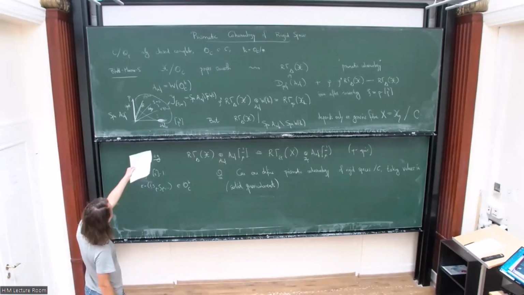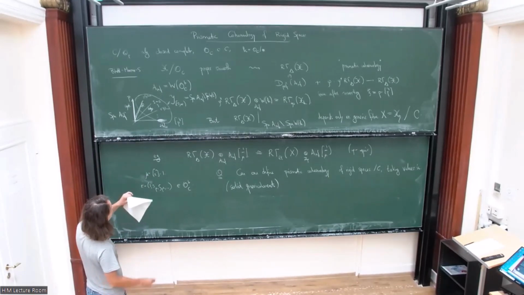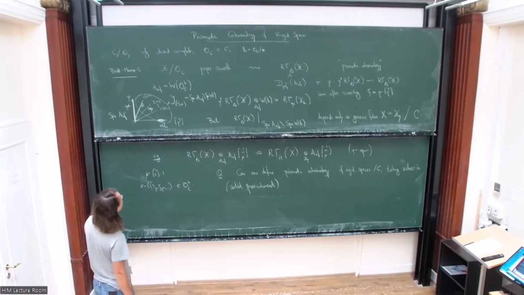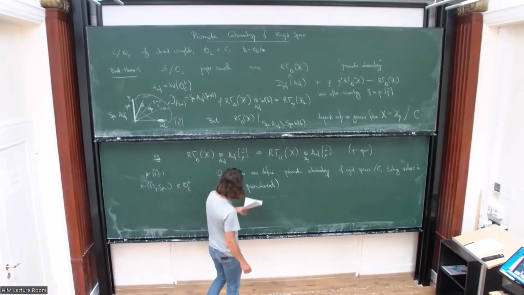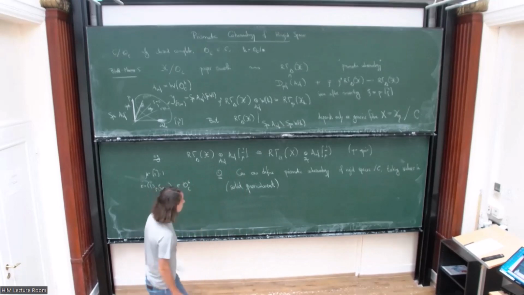But if you remove the properness assumption, then for an affine smooth formal scheme, prismatic cohomology is infinite dimensional. So you can only expect to get some solid quasi-coherent sheaf.